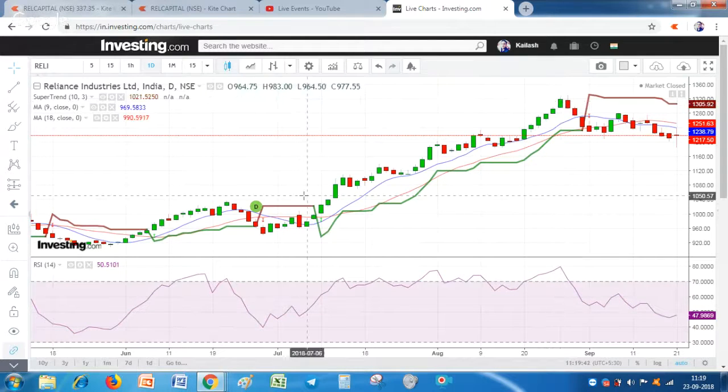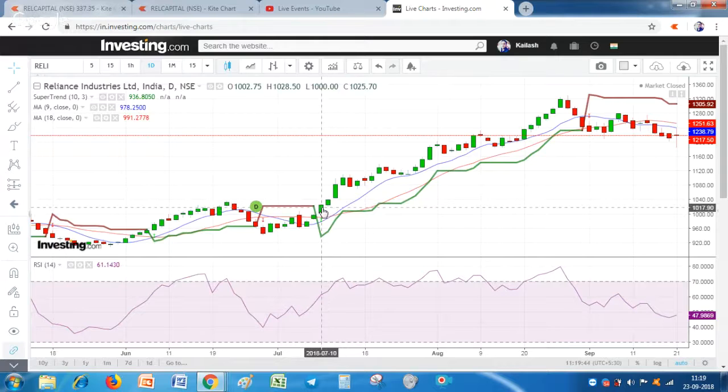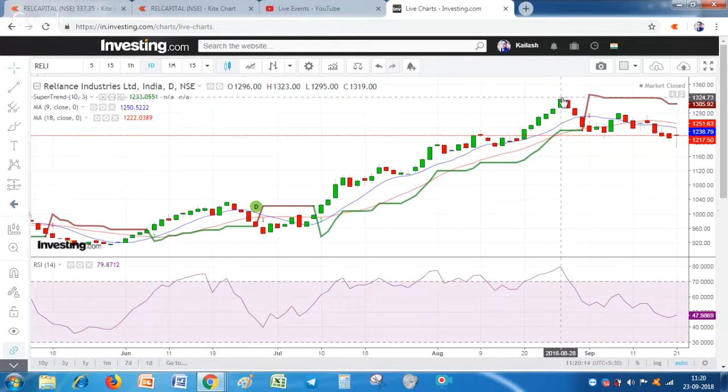It gave a signal on the 10th of July, and the stock rose from a level of around 1015, or we can say 1025, or the next day we could take 1026 or even 1037. The stock has given a big movement from that level till 1310, friends. It made a high of 1327, friends. 1327 is the highest point.